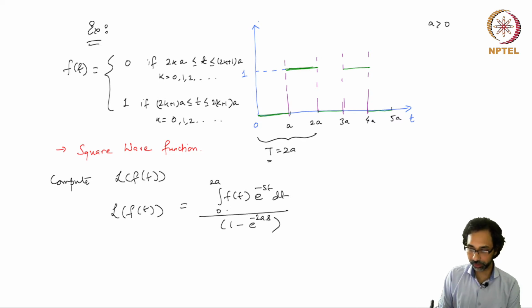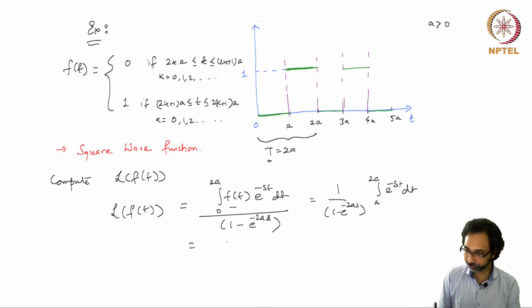Now note that from 0 to a, f(t) is 0, so this is nothing but 1 over 1 minus e to the power minus 2as, and the integral is from a to 2a of e to the power minus st dt, because in this region f(t) is equal to 1.